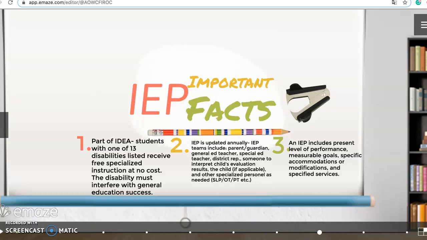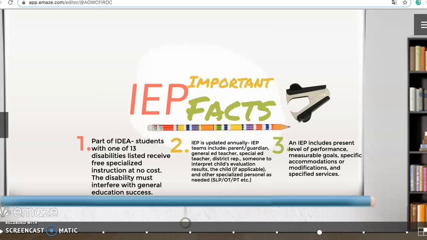The IEP includes present level of performance. It gives the student measurable goals, specific accommodations or modifications, and specified services. So in general, an IEP must list what the student can do, give measurable goals, and ways for these goals to be achieved.